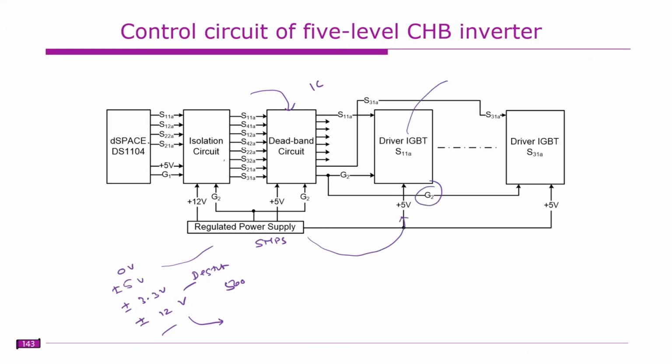For each driver circuit or each driver IGBT, one firing pulse will go, along with a 5-volt supply and one ground signal. We have 8 devices per phase. So this is how we power up the control circuit with proper isolation and deadband.